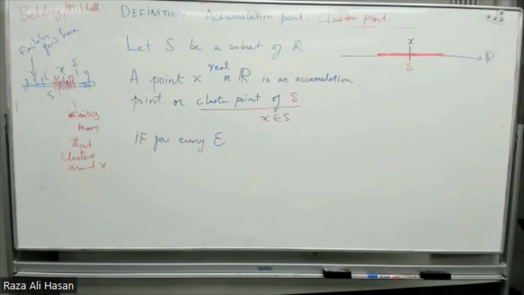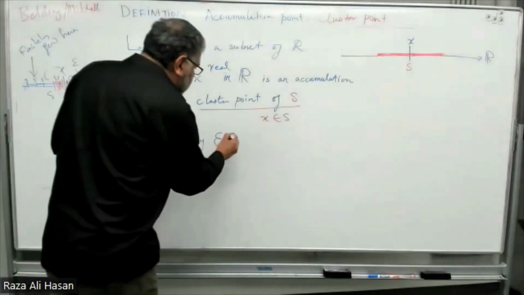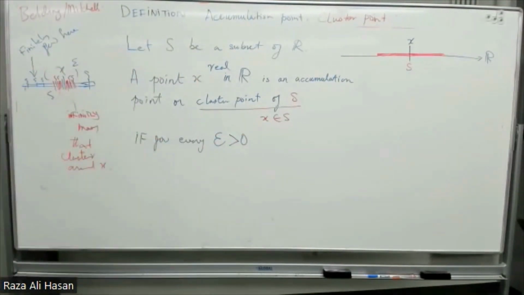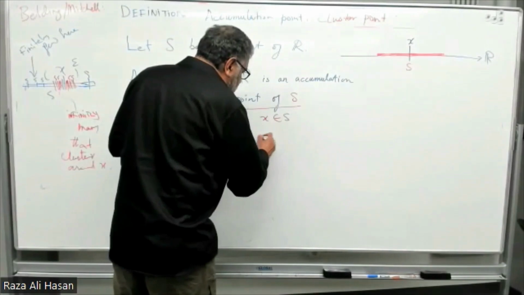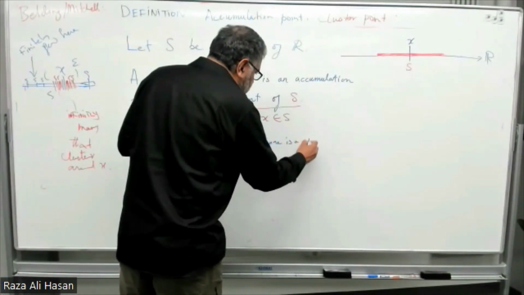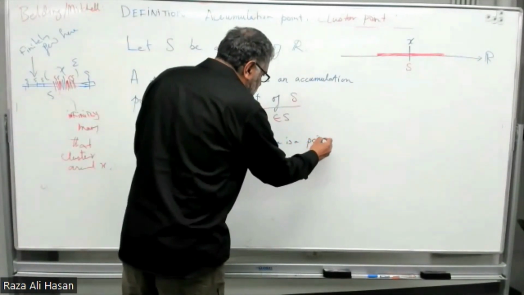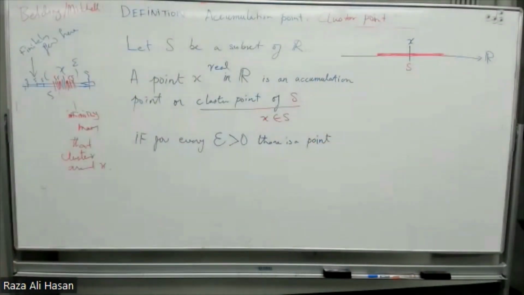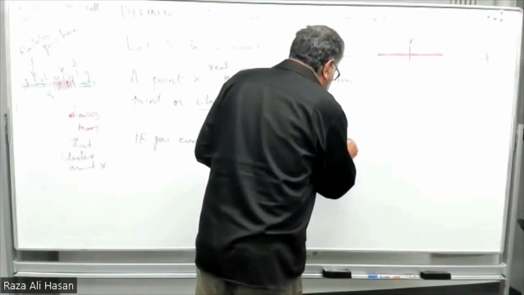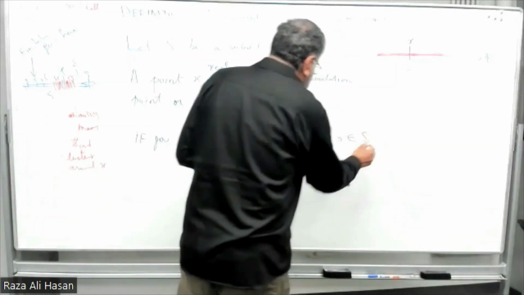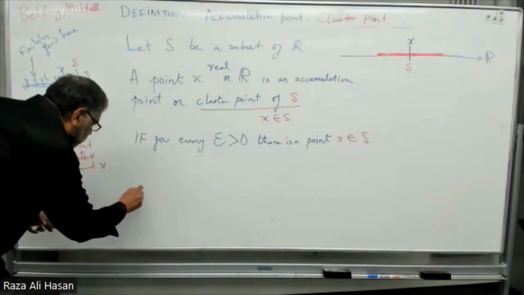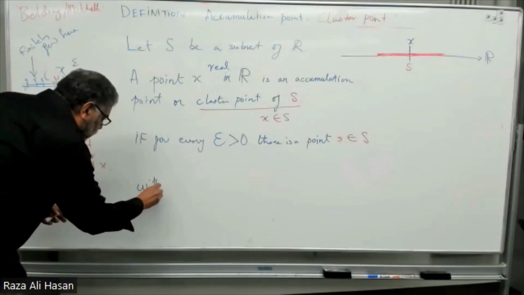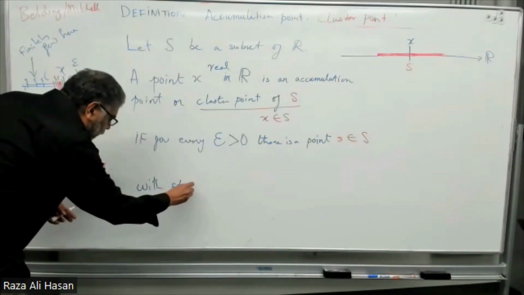So for every epsilon greater than 0, as in epsilon is a positive, for every small, tiny epsilon or big positive number, there is a point S in S with S not equal to X.